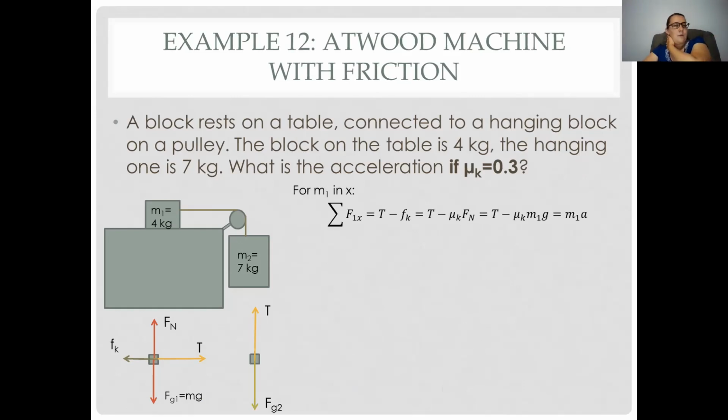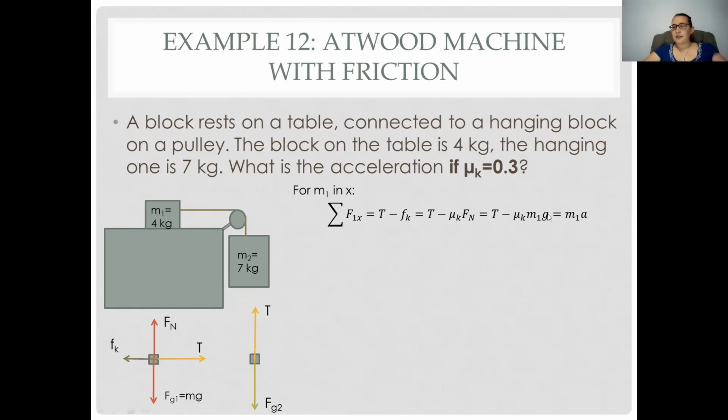So now for block 1 in the x direction, when we sum those forces, we have tension, which is positive, minus friction, which is negative. And so tension minus the coefficient times the normal force. Well, our normal force in this case is equal to the force of gravity, M1 times g.